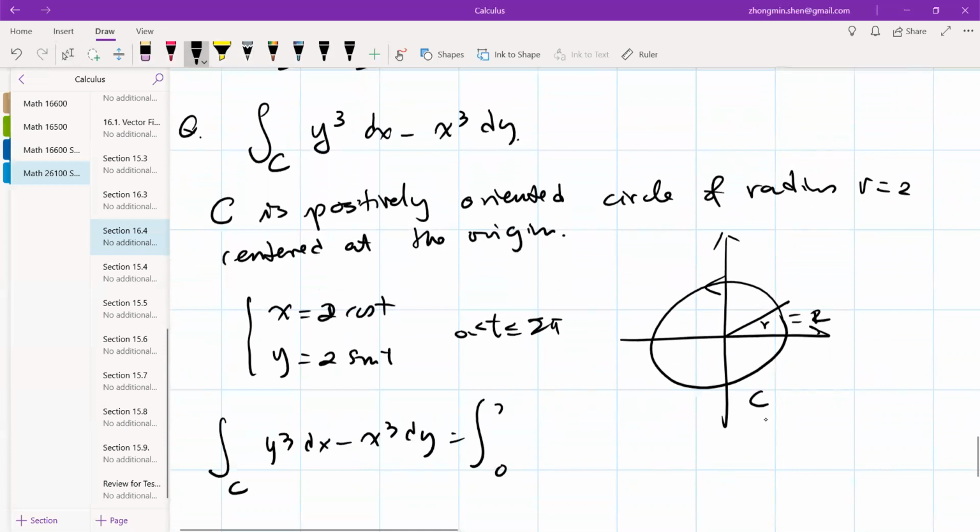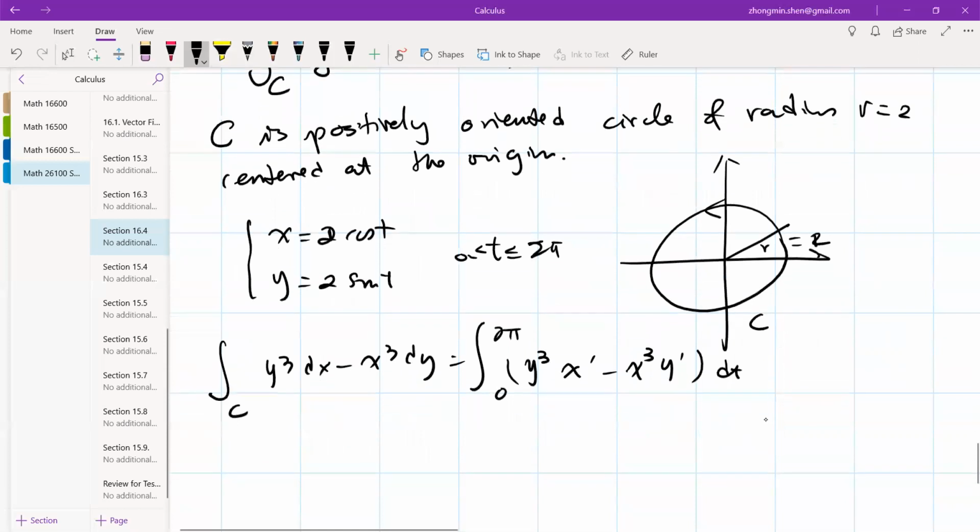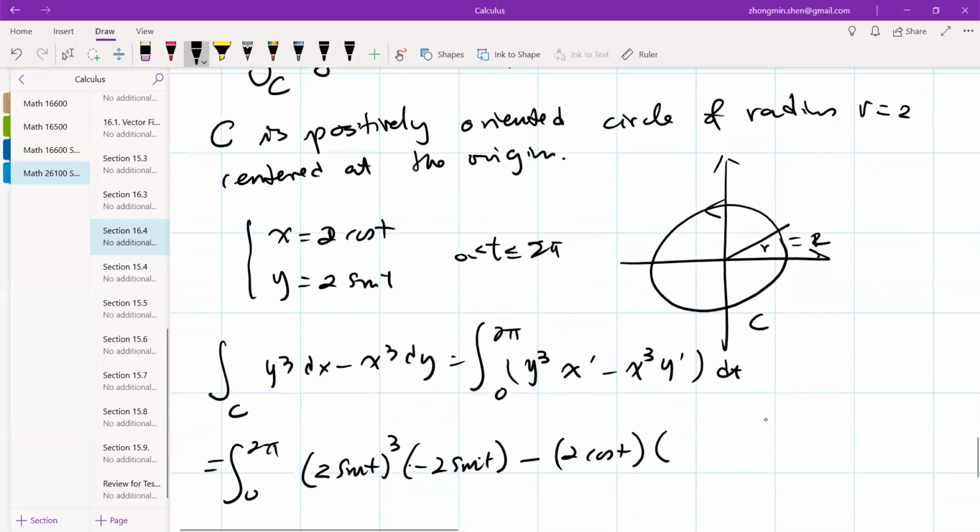Then this line integral is going to be the integral from 0 to 2 pi of y cubed x prime and x cubed y prime, dt, because dx is x prime dt. So you have y cubed, so (2 sine t) cubed, and x prime is negative 2 sine t, minus x cubed, (2 cosine t), and y prime is 2 cosine t, dt.